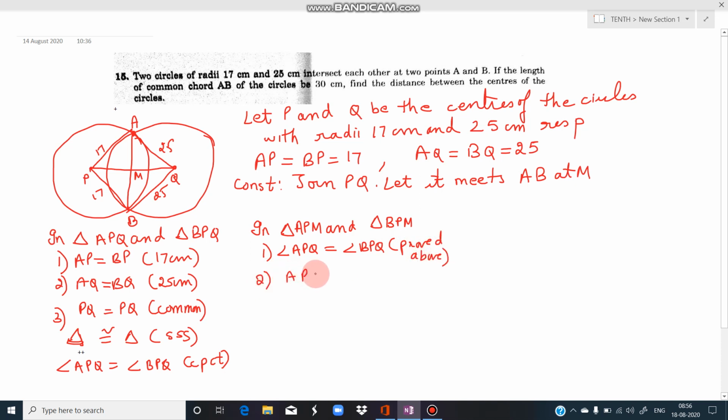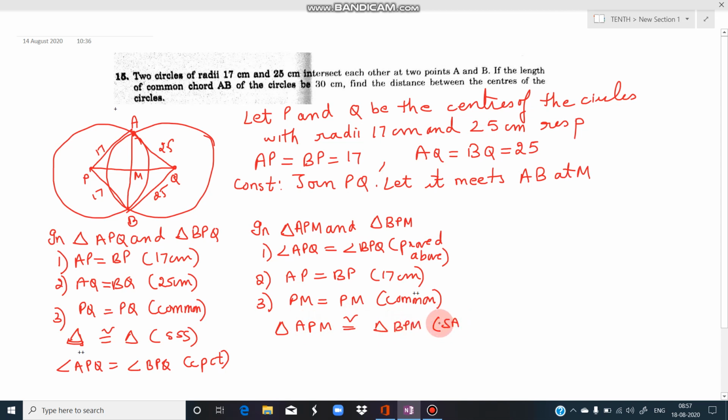Secondly, AP is equal to BP because both are 17 cm. Thirdly, PM is equal to PM because it is common. So from here we are getting that triangle APM is congruent to triangle BPM by side angle side.